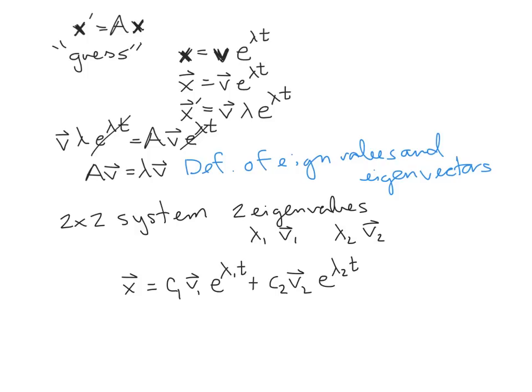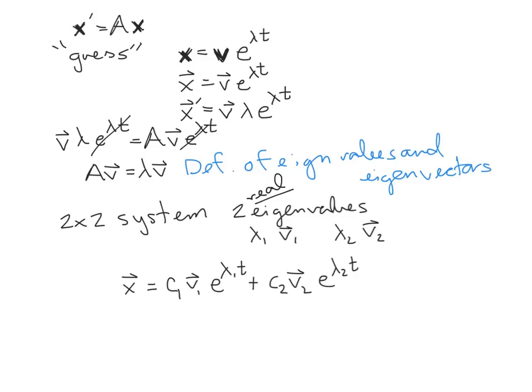It says if you have more than one solution, you stick constants out in front and add them together. So for a 3 by 3 system, you're going to have 3 solutions, and you would have another C3 v3 e to the lambda 3 out in front of that. Right, now this is only for real eigenvalues here. So I should actually specify that. Let me say that this is 2 real eigenvalues. When you have complex ones or repeated ones, that's different, and there will be other videos on those.